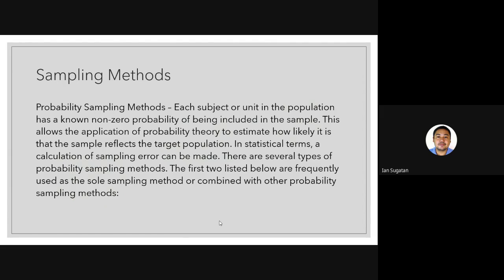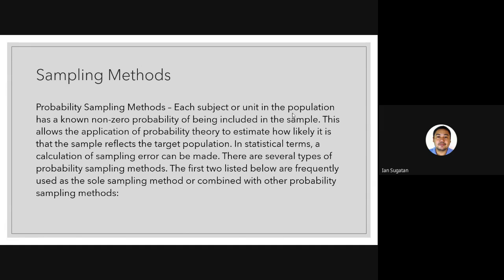Just like we discussed yesterday, when we speak about sampling methods, there is the probability sampling method and the non-probability sampling method. This is divided into two. For the probability sampling method, each subject or unit in the population has a non-zero probability of being included in the sample.